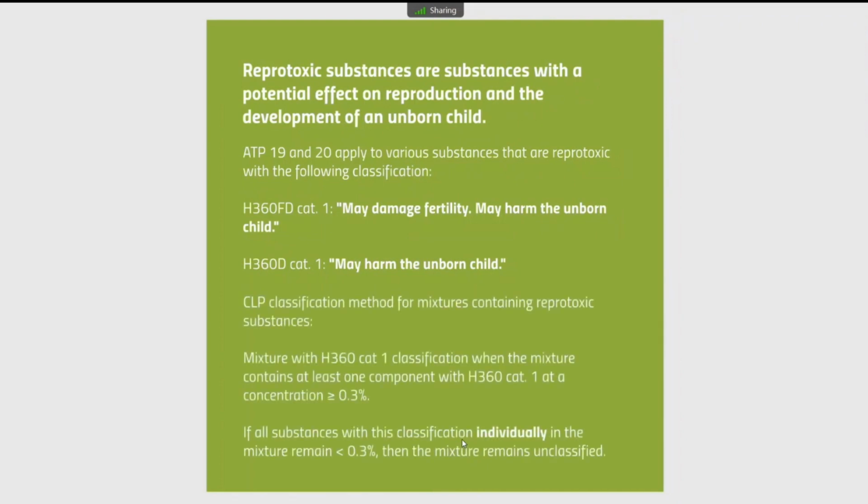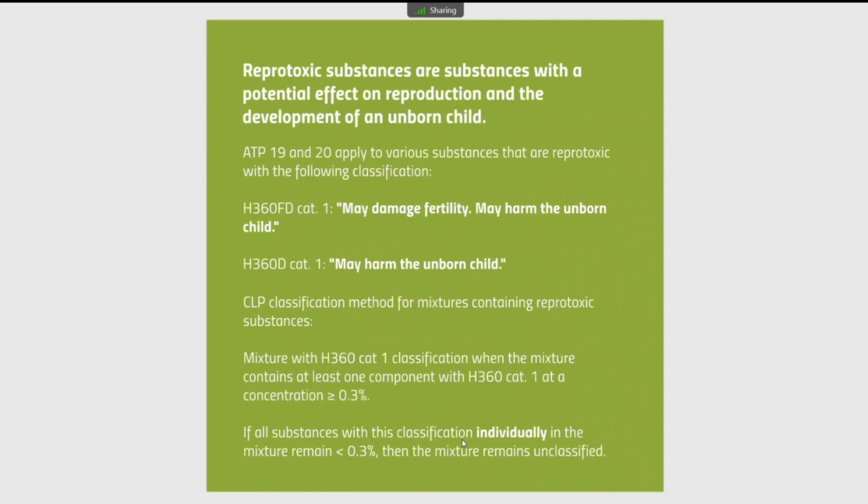So what is normally the classification method for mixtures containing these reprotoxic substances? If we have a mixture with multiple substances that have this classification, H360 category 1, then we have to look at the individual substances that are reprotoxic.